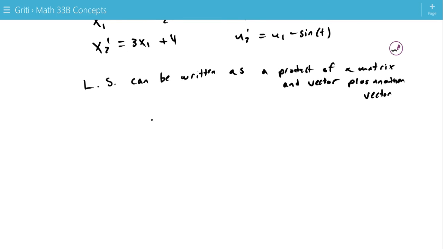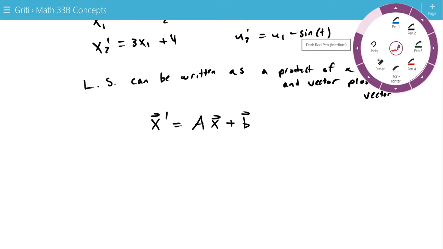So that'll be in the form x arrow prime, so it's a vector, equals A, which is a matrix, times x arrow plus some vector, we'll call it b.